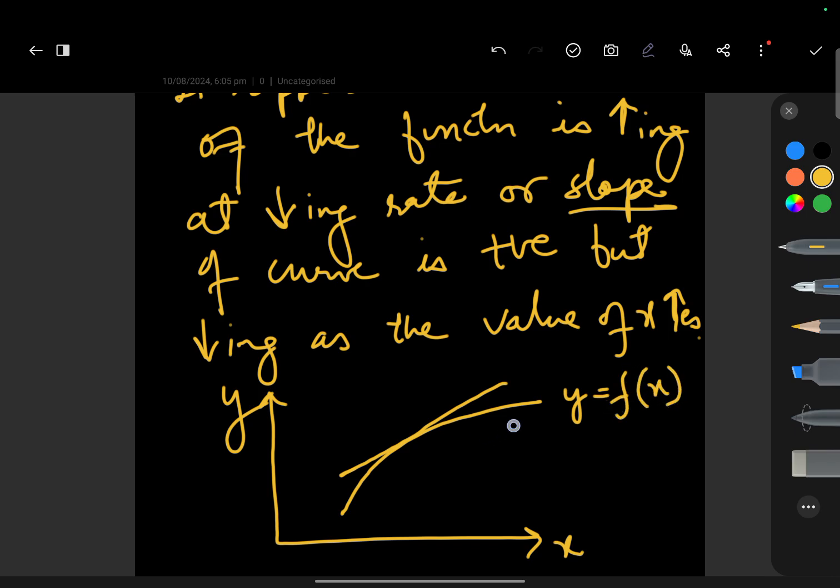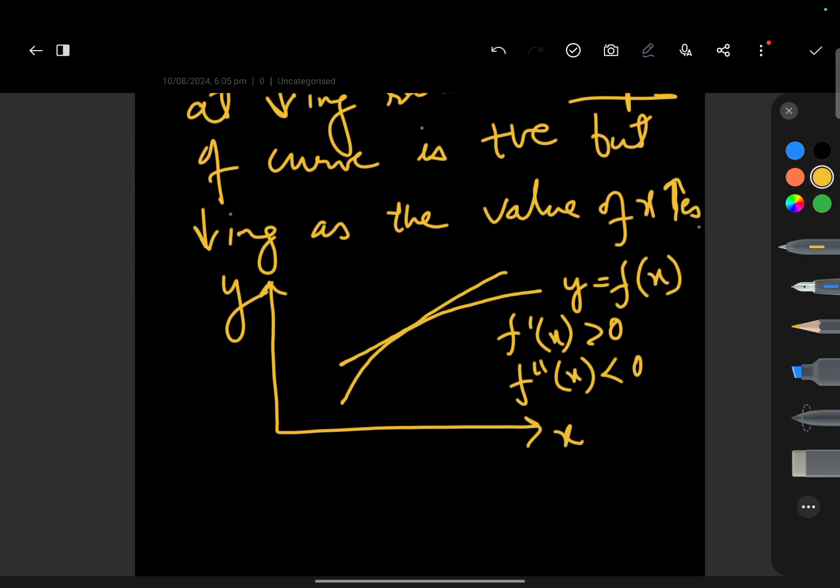So we see here the first derivative is greater than 0 and the second derivative is less than 0. Both these derivatives tell about the value and the slope of the curve, and the rate of change, meaning whether it is convex or concave.